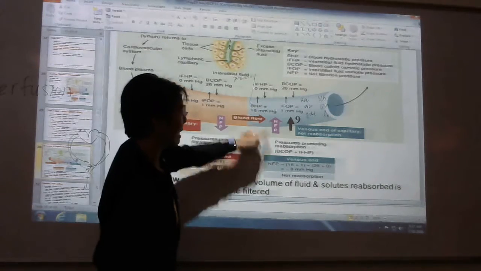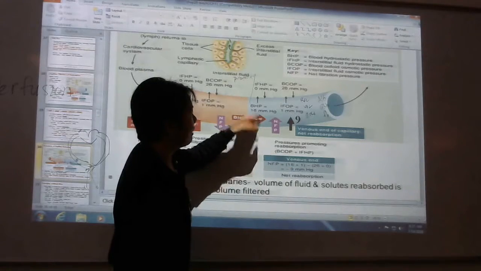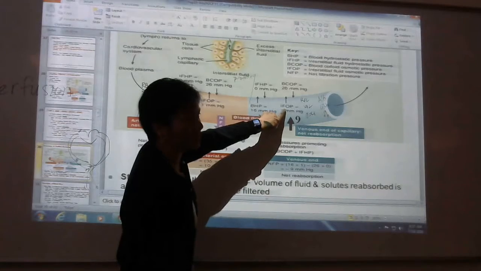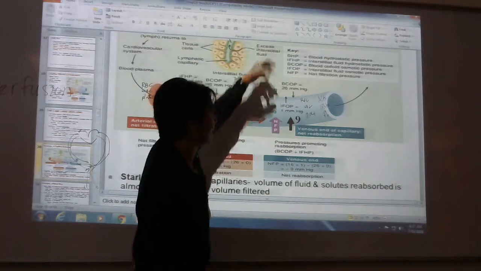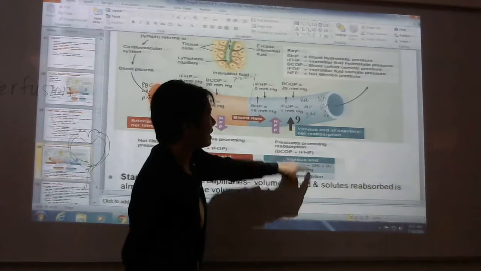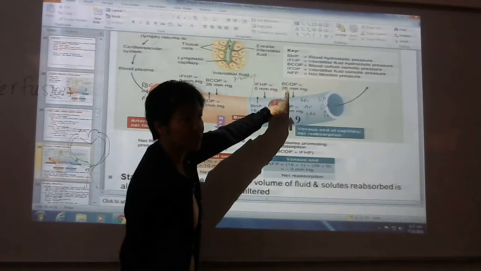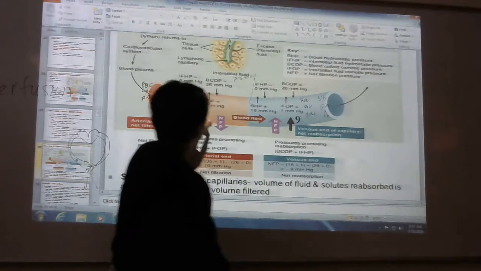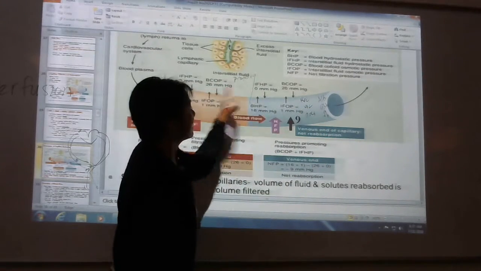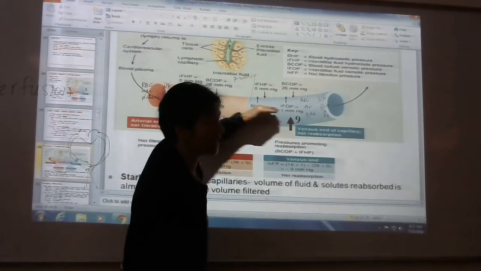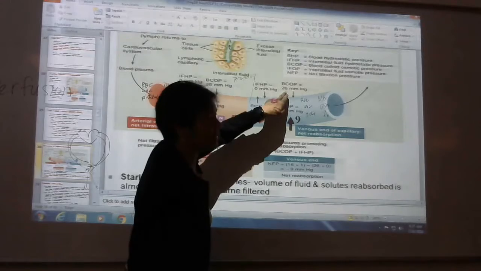So it's down to 16. What else is a force pushing the fluid out? The interstitial fluid osmotic pressure, sucking it out. So 16 plus 1 minus the blood colloid pressure. This is the attraction of the albumin, right? You see, the proteins, the albumin, globulin, they never change. They stay here, so the value is the same.